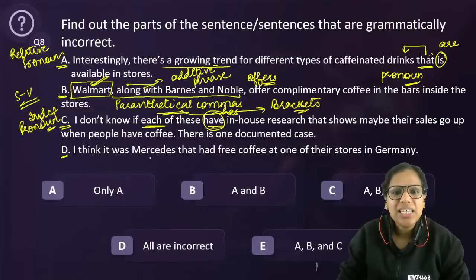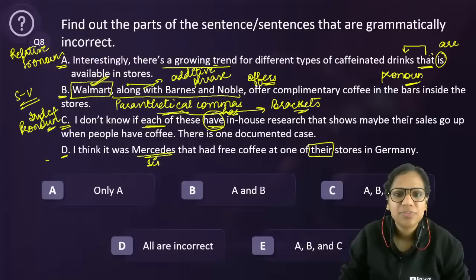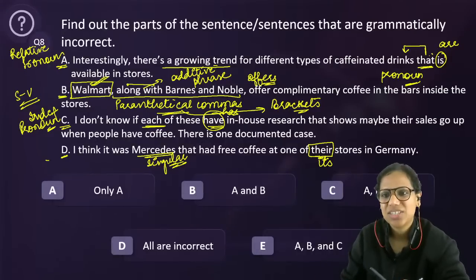D. I think it was Mercedes that had free coffee at one of their stores in Germany. So, there, it's plural, right? It's a plural pronoun. What is the plural noun that has been used before it? There is no plural noun, isn't it? Mercedes is singular. So when I'm talking about one company, one brand, it should be its stores, not their stores, right?